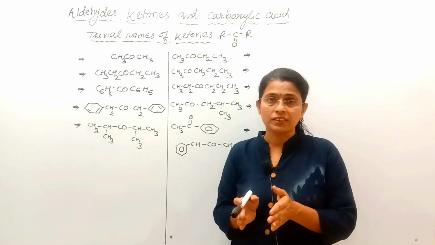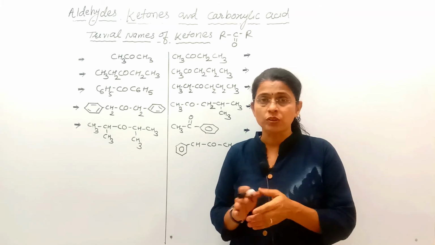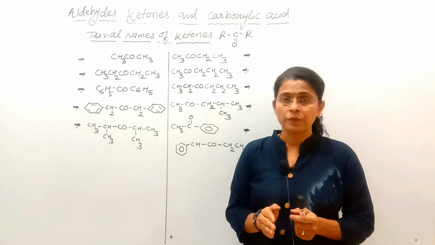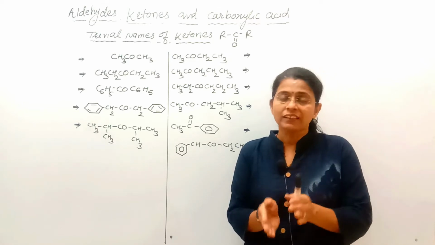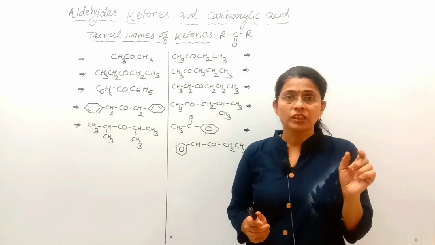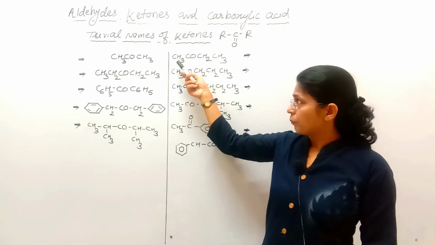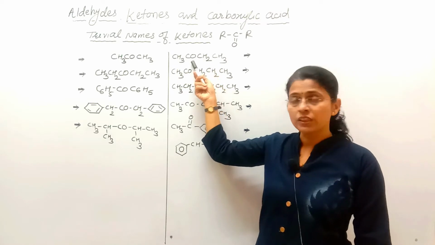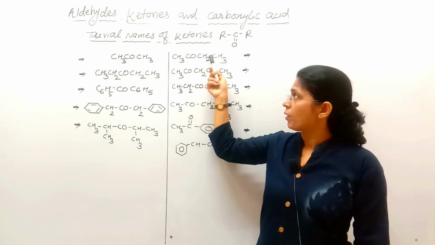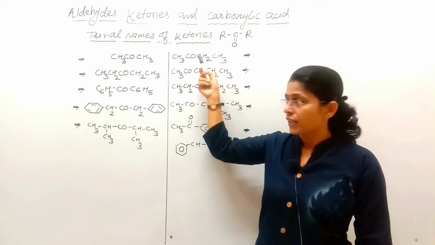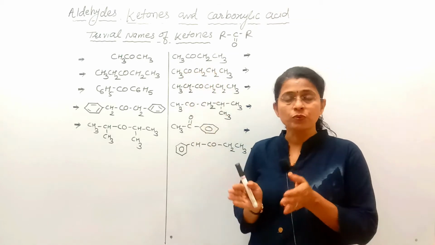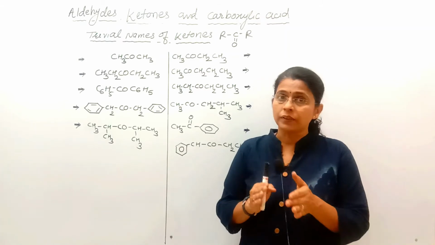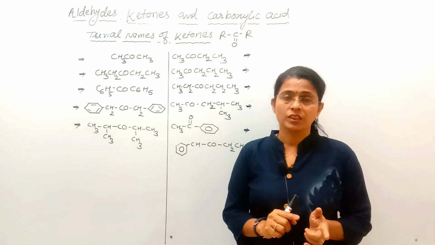In such a case, in a mixed ketone, always follow the alphabetical order of the alkyl groups and then write the word ketone. See here, a methyl group and an ethyl group are attached to the ketonic group. Alphabetically, E comes first, M comes later. So you will name it as ethyl methyl ketone.